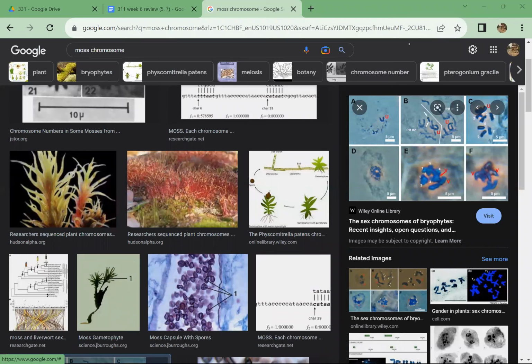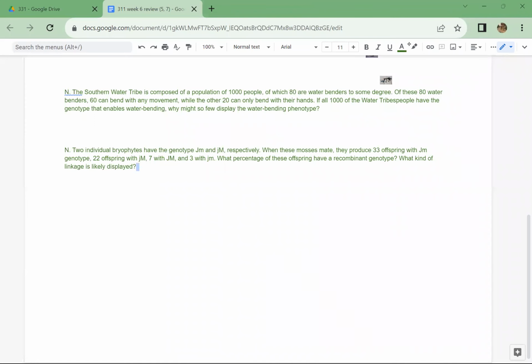Plants do be weird. So if you're a haploid, then this example doesn't even work, because if you don't have a homologous chromosome, can you even cross over? No, there's nothing for you to cross over with. So bryophytes actually don't exhibit crossing over.